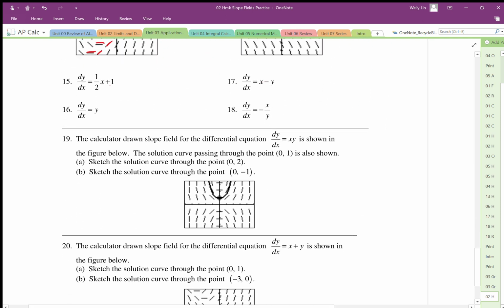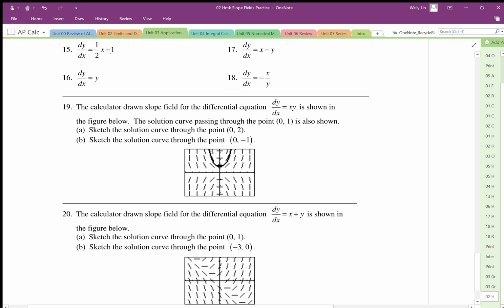So lastly here, we want to be able to draw our equations through slope fields. So here we have the slope field, and our solution to this differential equation is going to be one of these lines that follows the slope field. So if I start at 0, 1, and follow the slope lines, I get this black curve.